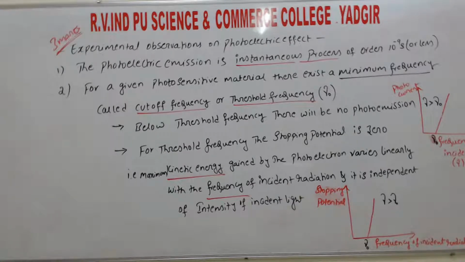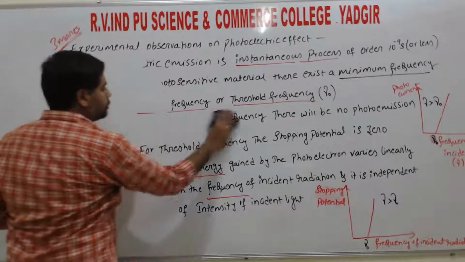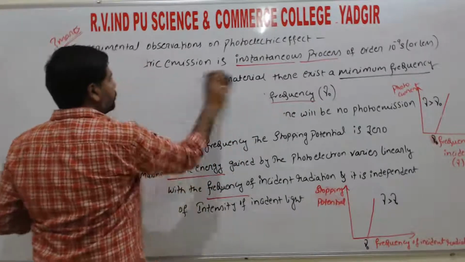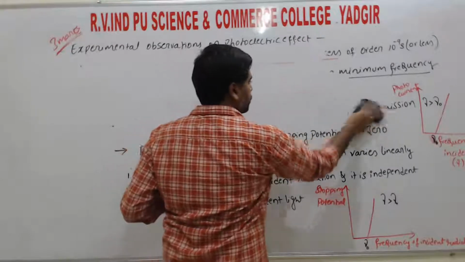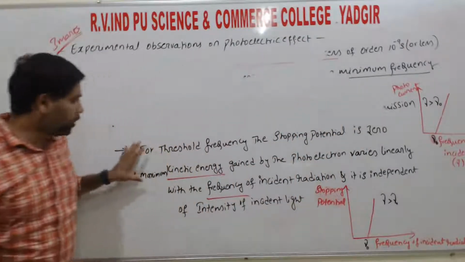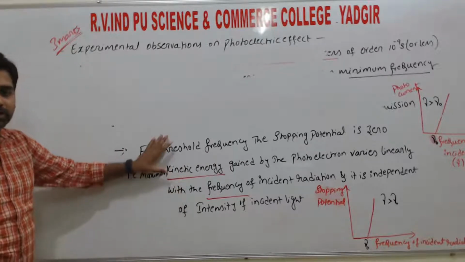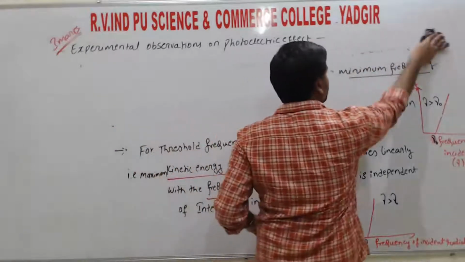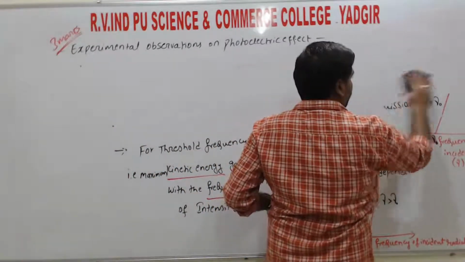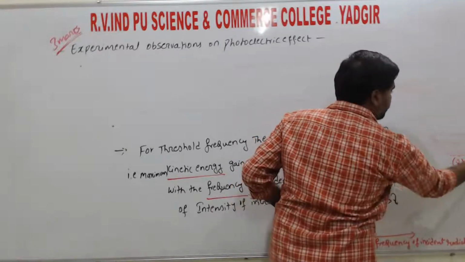If you move on to the third one, this point is very important. Using this point, we will discuss a few concepts in later classes. That is, the kinetic energy of the photoelectron depends on the frequency, not on the intensity.